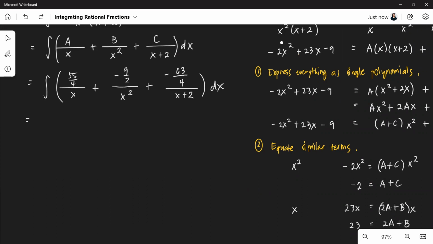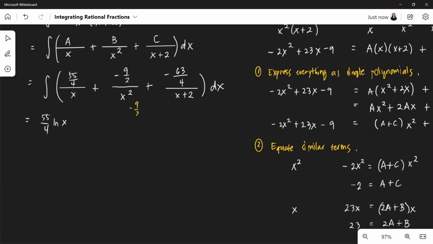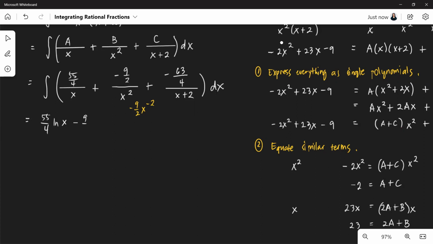The first term, you have 55 over 4 ln of x. For the second term, this can be written as negative 9 halves x raised to negative 2. Applying the power rule, it's negative 9 halves, and then negative 2 becomes negative 1.